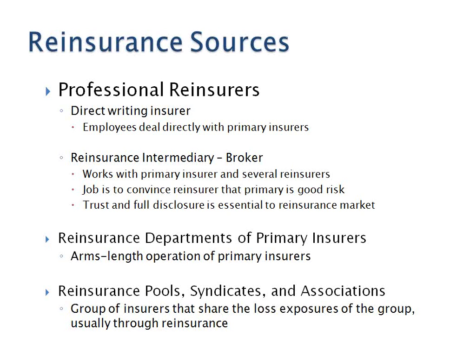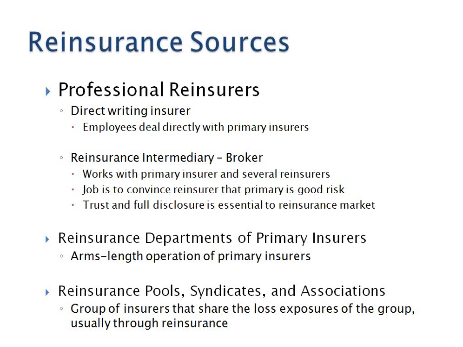So when we talk about professional reinsurers, there's a couple types. There's a direct writing insurer, and there's the reinsurance intermediary. Most likely, you're probably going to be dealing with the reinsurance intermediary. So if you're working with Marsh, Aon, Willis, they're basically a broker. They're a reinsurance intermediary.